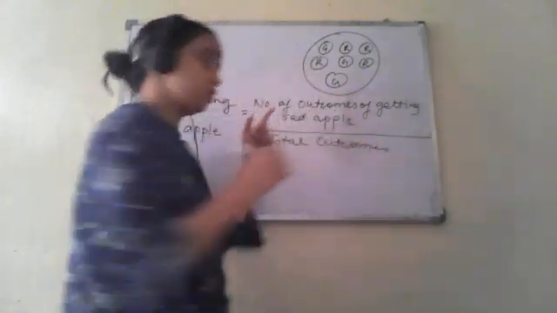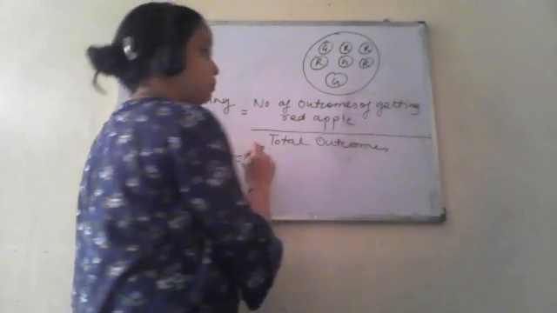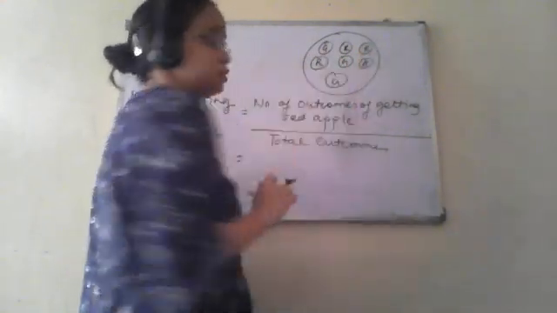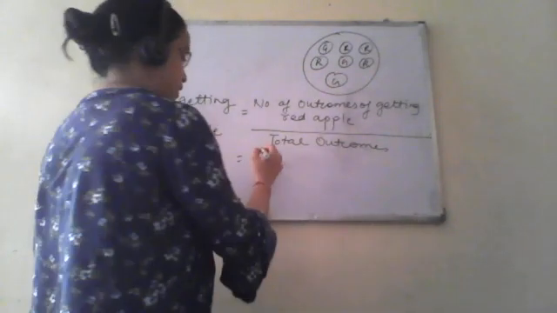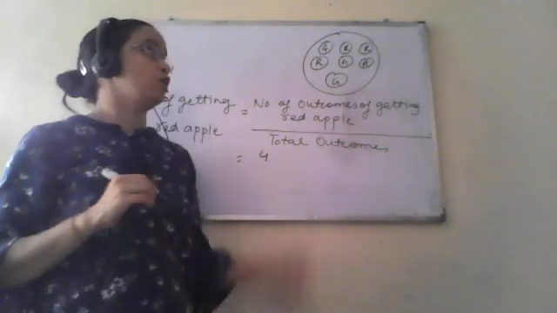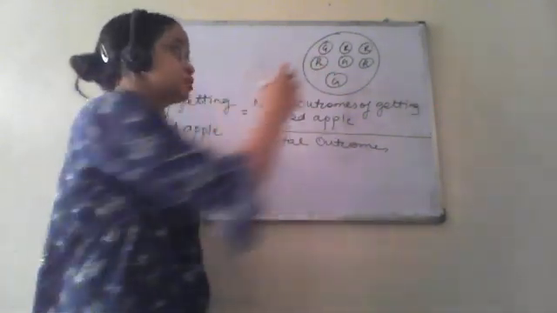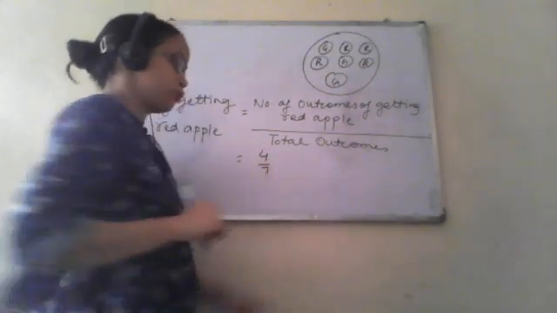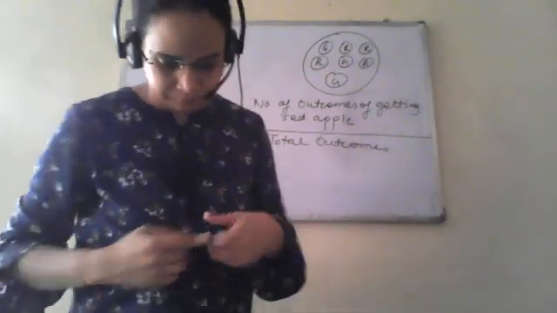So this way you have to write in each question. So the number of outcomes of getting a red apple will be, how many red apples are there? 1, 2, 3, 4. So there are 4 red apples. So there are 4 outcomes of getting a red apple. This is 4. The total number of outcomes will be the total number of apples, that is red apples plus green apples. So there are 7. So 4 by 7 is the probability of getting a red apple.